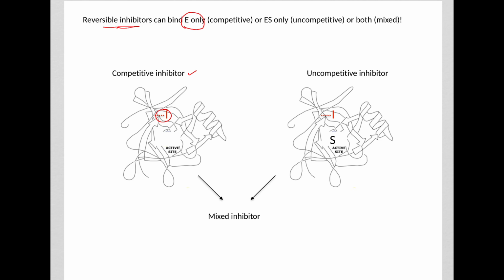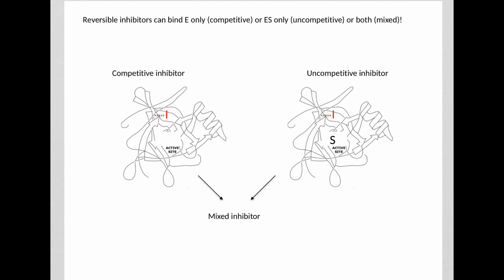An uncompetitive inhibitor will only bind the enzyme-substrate complex. That means the enzyme already has a substrate bound, and now the uncompetitive inhibitor will bind. And in the third type, what we call a mixed inhibitor, the inhibitor can bind the free enzyme and the enzyme-substrate complex. Okay, so we have three types: competitive, uncompetitive, and mixed inhibitor.